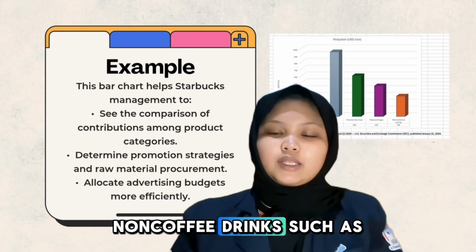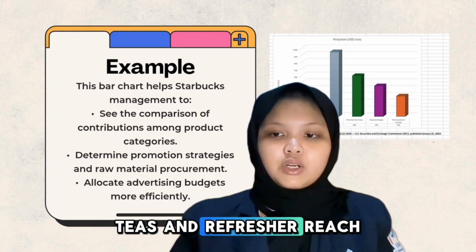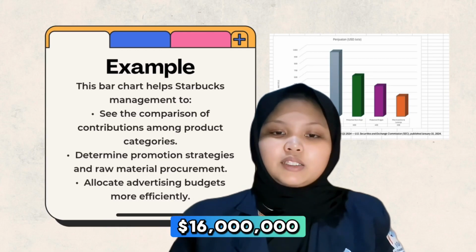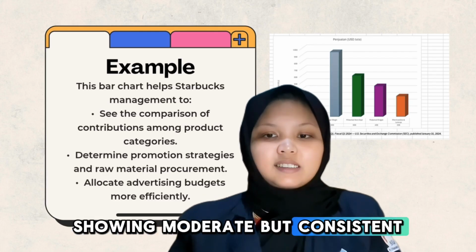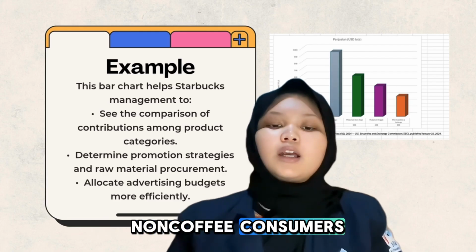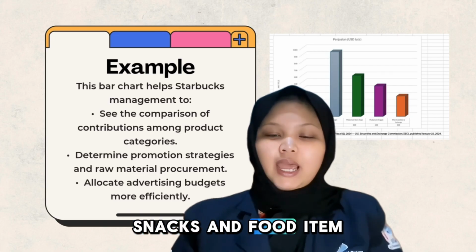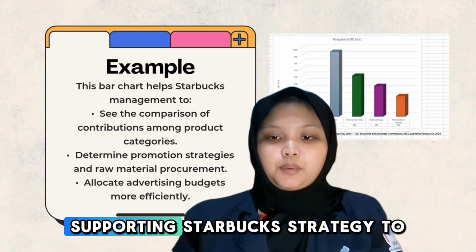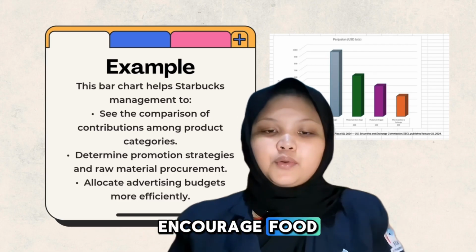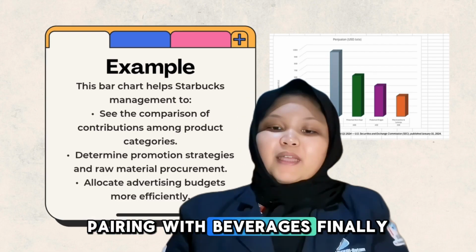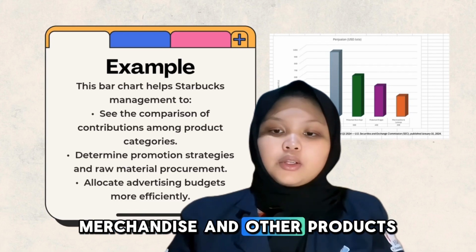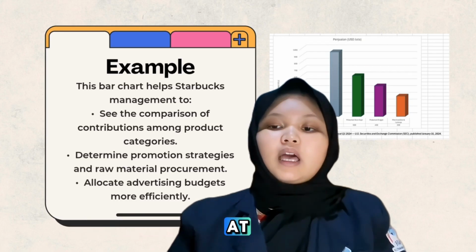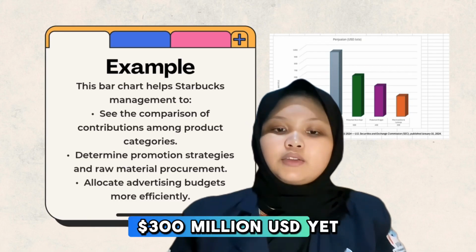Meanwhile, non-coffee drinks such as teas and refreshers reach 600 million US dollars, showing moderate but consistent demand from non-coffee consumers. Snacks and food items contributed 450 million US dollars, supporting Starbucks' strategy to encourage food pairing with beverages. Finally, merchandise and other products recorded the lowest sales at 300 million US dollars.